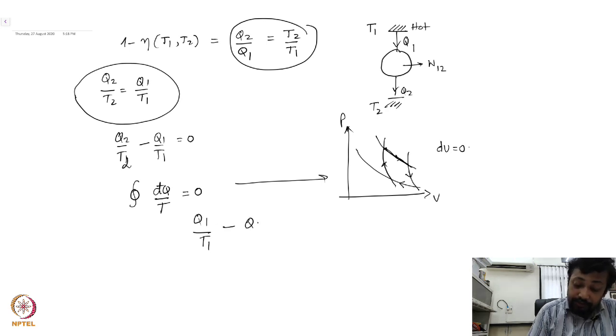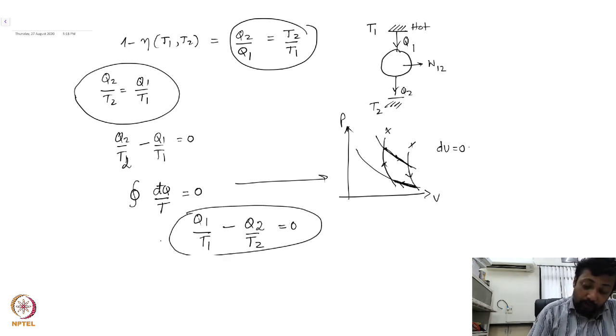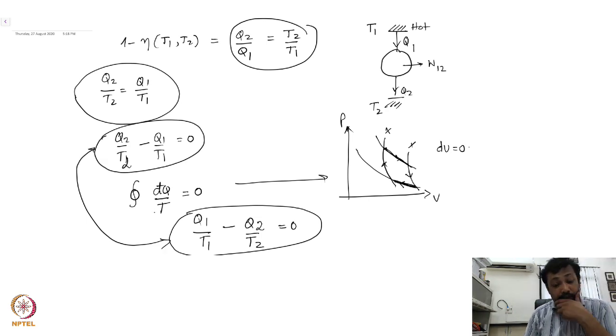So it has a negative sign, minus Q2 over T2 for this part. In these two branches there is no heat exchange, therefore it follows this is equal to 0. So this equation that we had written down is the result of this integral.